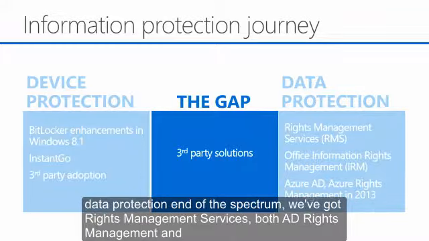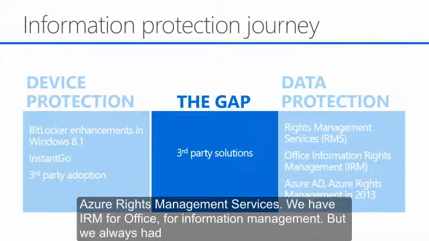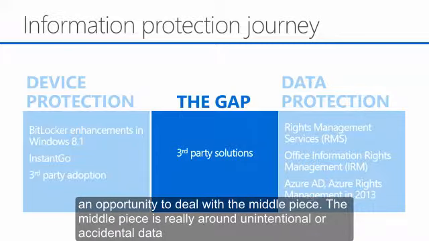On the data protection end of the spectrum, we've got rights management services, both AD Rights Management and Azure Rights Management Services. We have IRM for Office for information management.